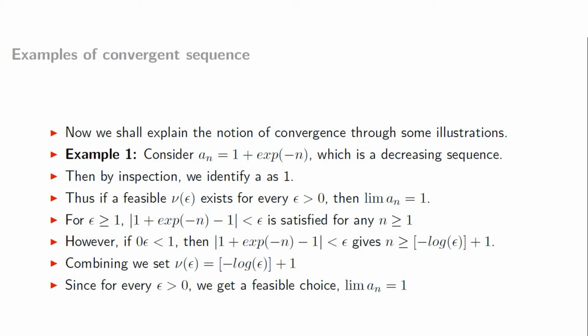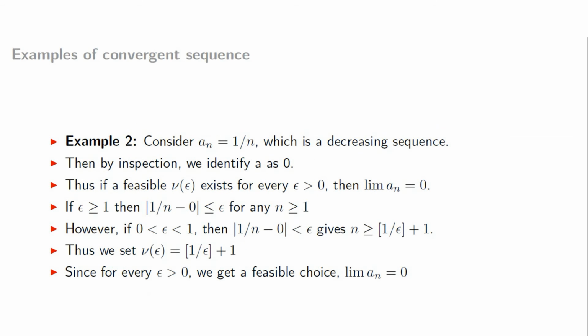So we get a positive integer nu epsilon, which is the box of minus log epsilon plus 1 in this case, and therefore since for every epsilon greater than 0 we get a feasible choice, we find that the limit of a n exists and is equal to 1.